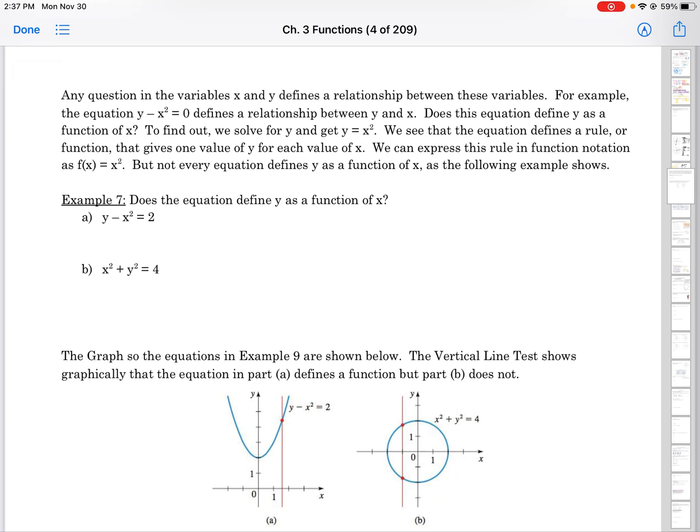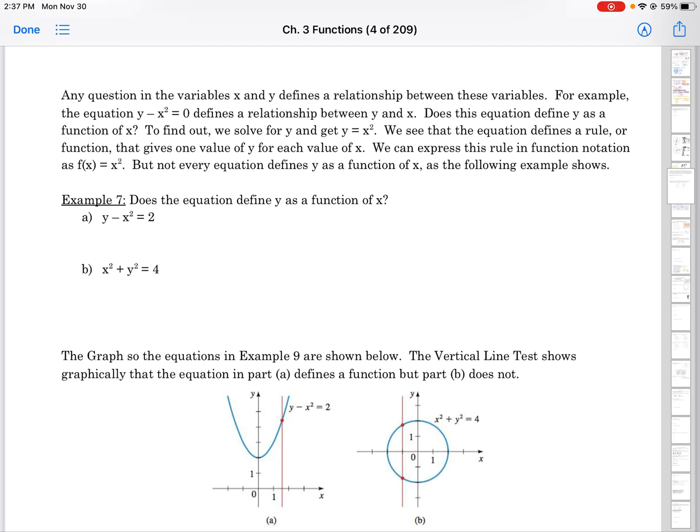An equation in the variables x and y defines a relationship between these variables. For example, the equation y minus x squared is equal to 2 defines a relationship between y and x. To find out if the equation defines y as a function of x, what we do is solve for y. We want to see, can we get y by itself and see all of the x on the other side, so that this equation defines a rule.